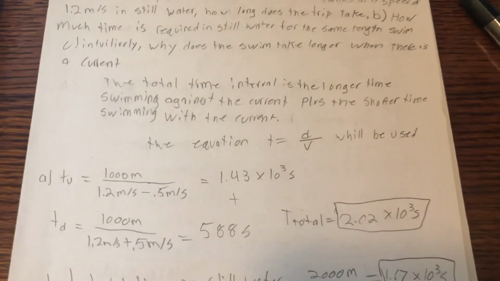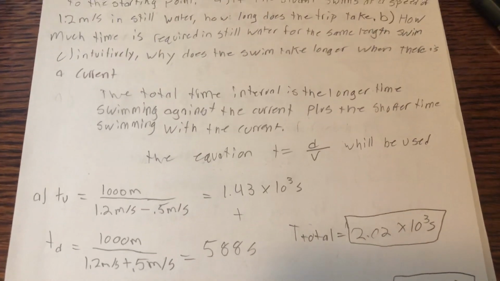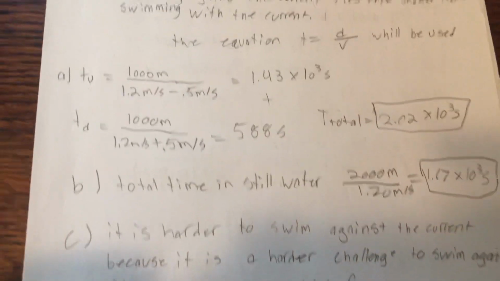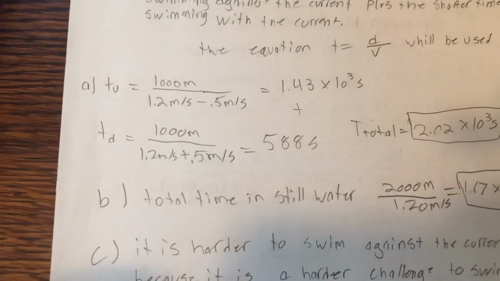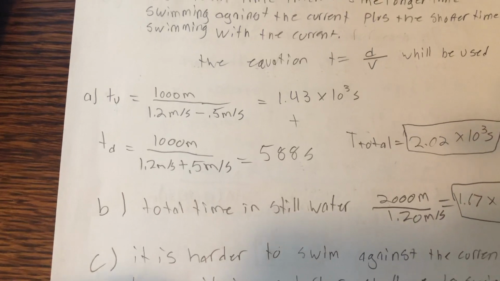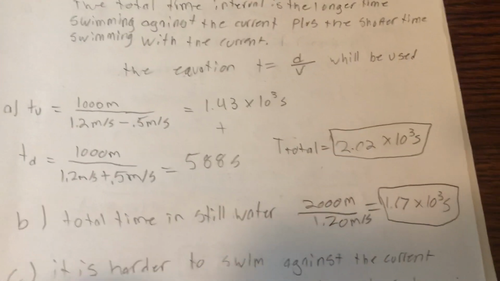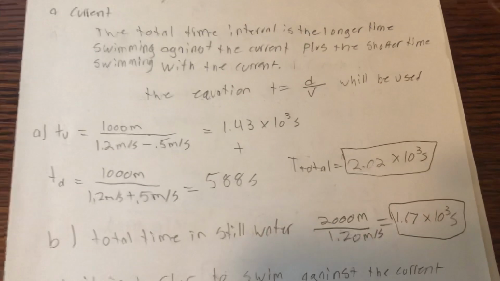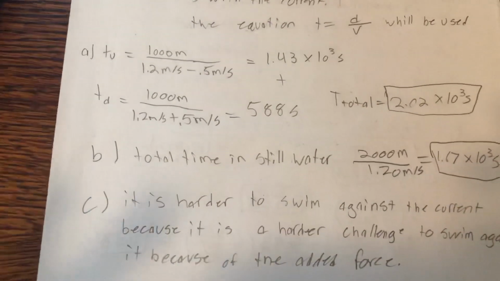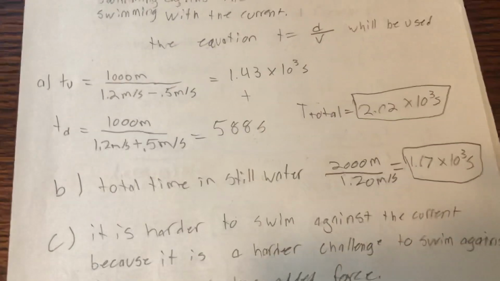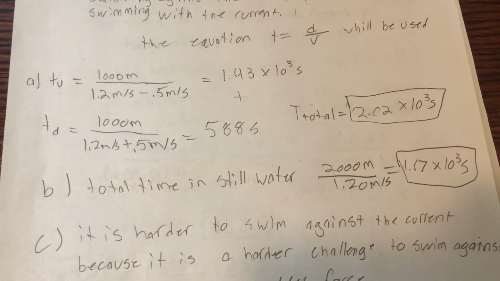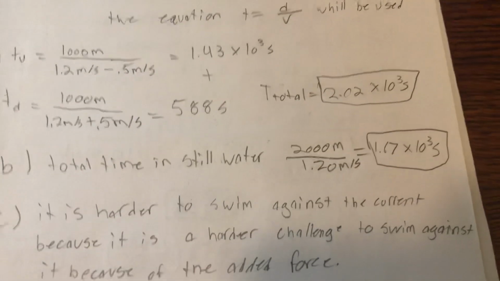I use the equation T equals D over V, and then for A, I use the time up, which is 1,000 meters over 1.2 meters per second minus 0.5 meters per second, which gave me the number 1.43 times 10 to the third seconds, plus the time down, which going down the stream is 1,000 meters over 1.2 meters per second plus the 0.5 meters per second, which gave me 588 seconds.